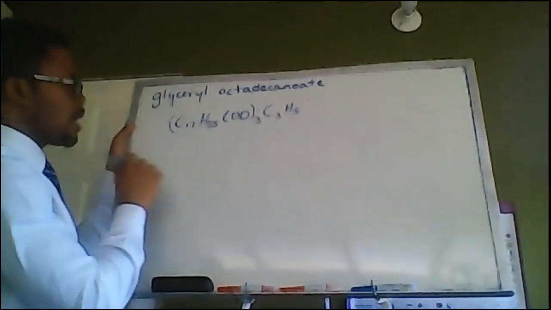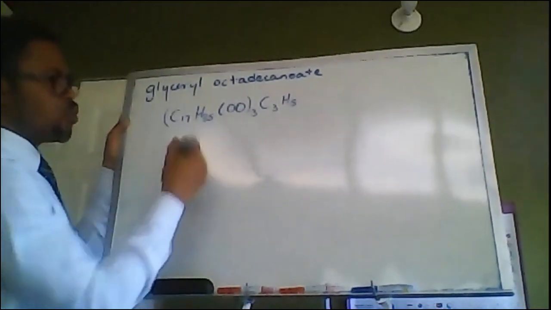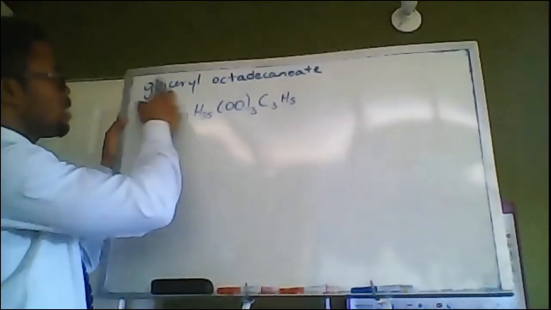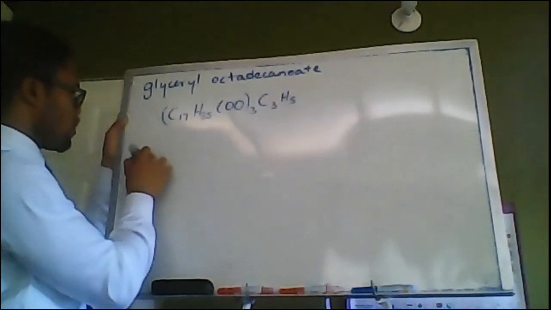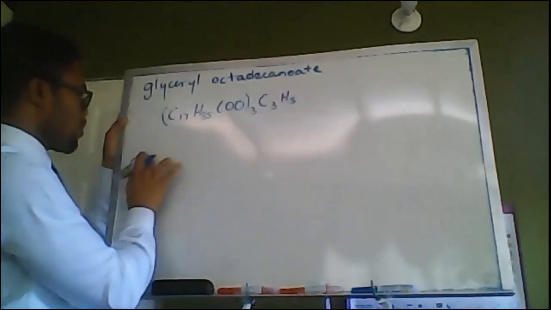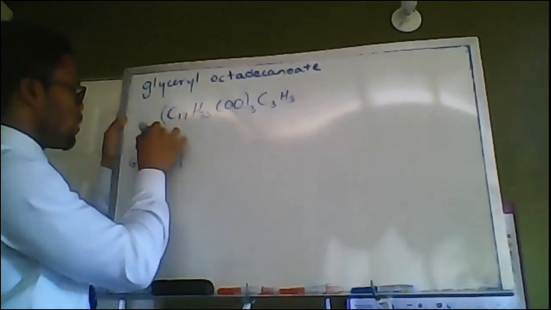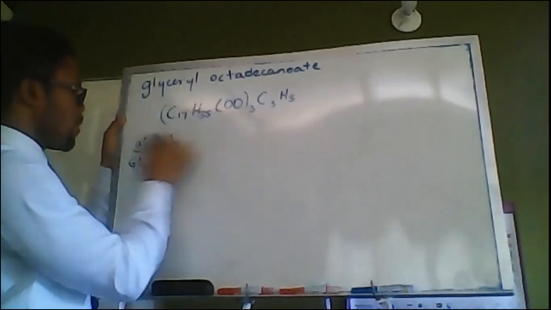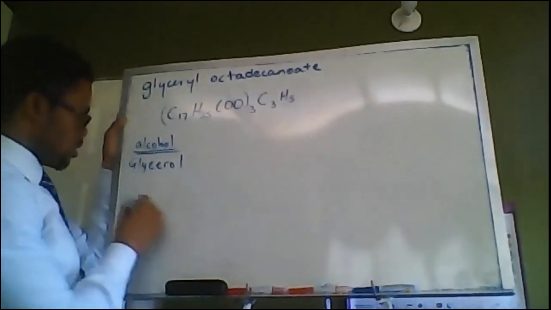So what happens here now is that this contains 2 portions. It contains the glyceryl portion, which is glycerol and refers to the alcohol. And this is how glycerol looks.